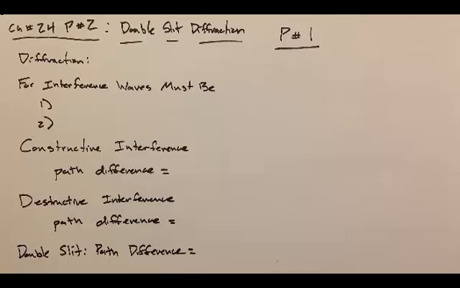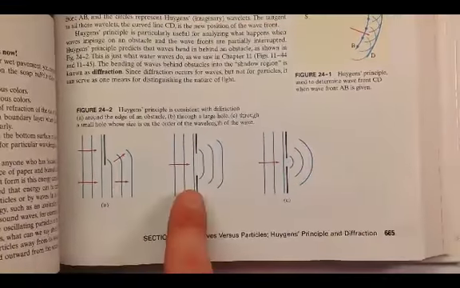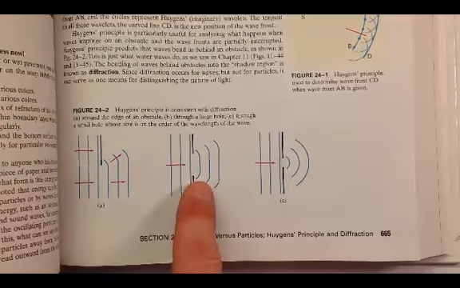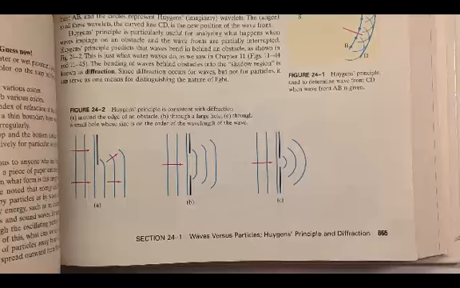Okay, diffraction. Diffraction is the bending of waves into what the book calls a shadow region. So I got a little picture here, right? If I have a wave coming and the waves go through an opening, the waves bend as they go around the corners.